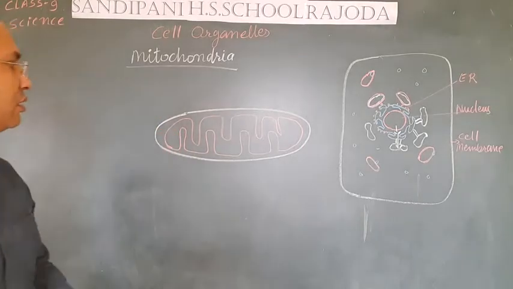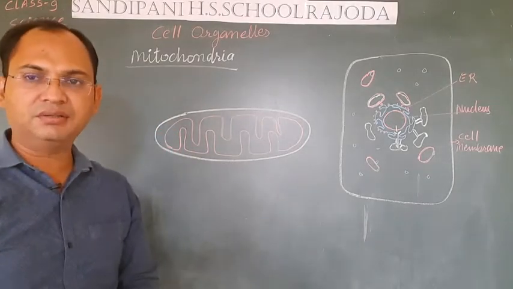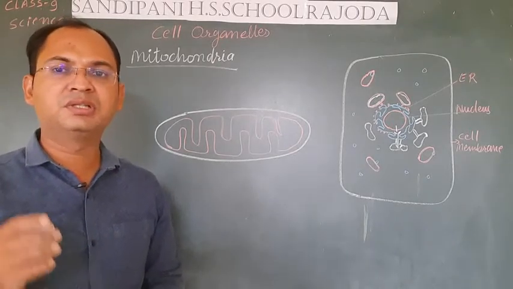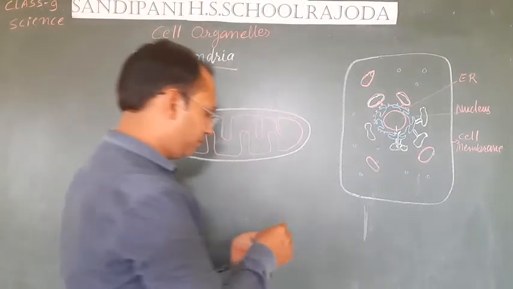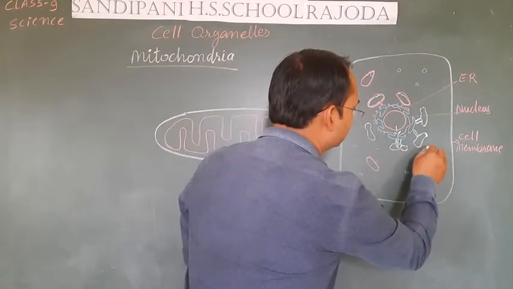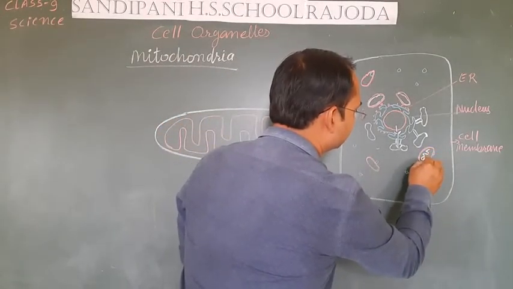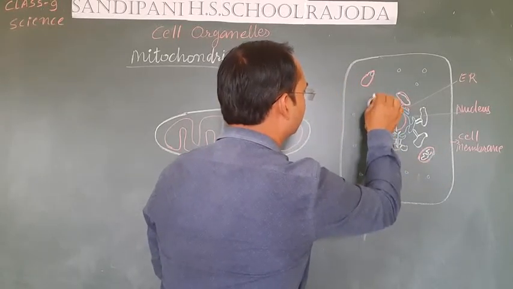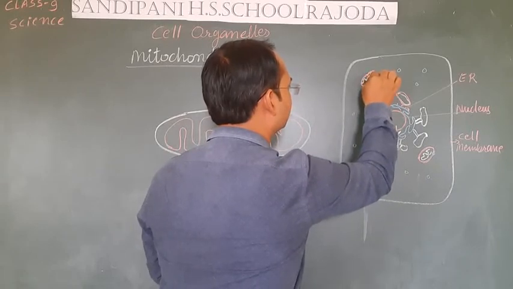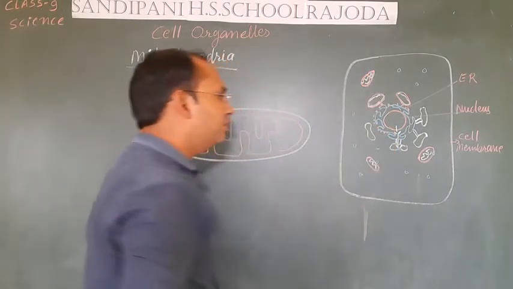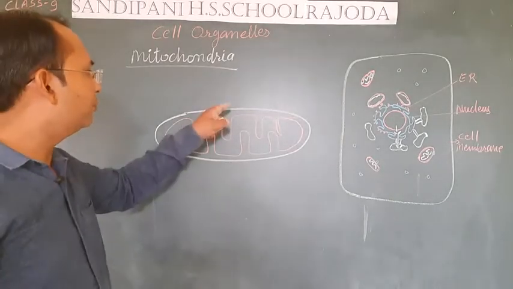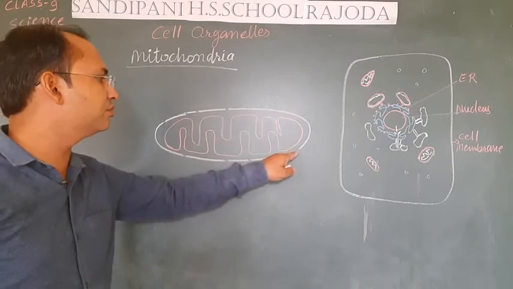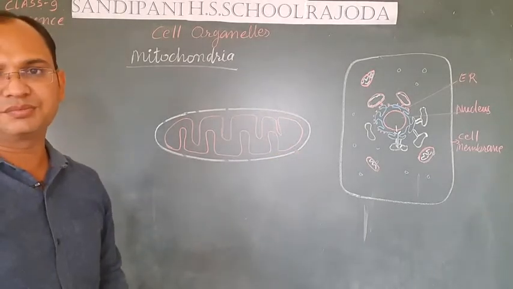These folds are actually very important in order to produce ATP, or the production of energy. So the inner membrane is folded and the outer membrane is porous, which can exchange substances with the cytoplasm.